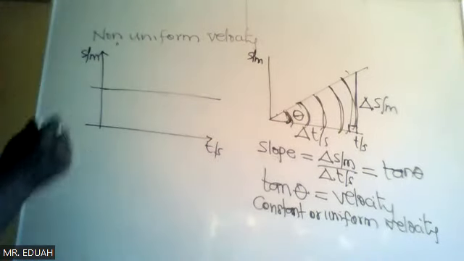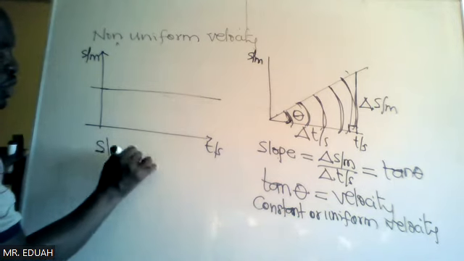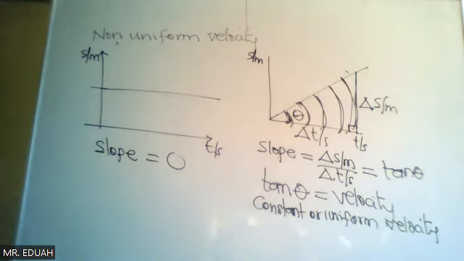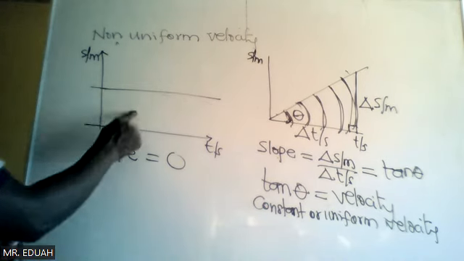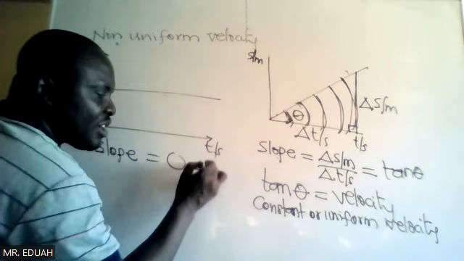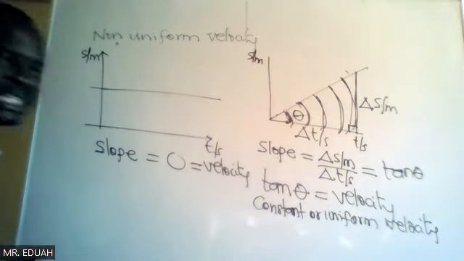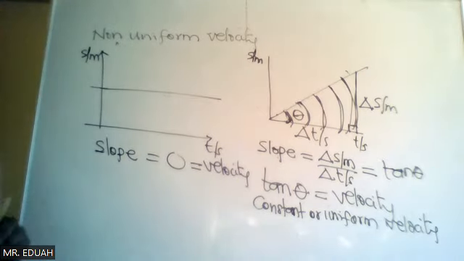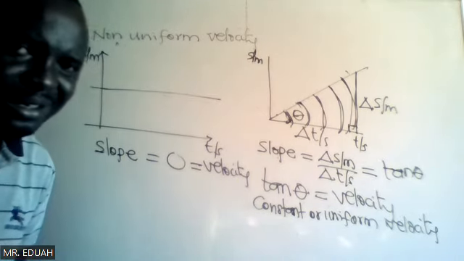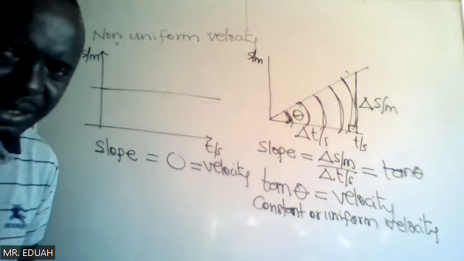Over here, the slope or the angle is equal to 0. If the slope is equal to 0, then we can say that the velocity or the speed is also equal to what? Yes, class. 0.